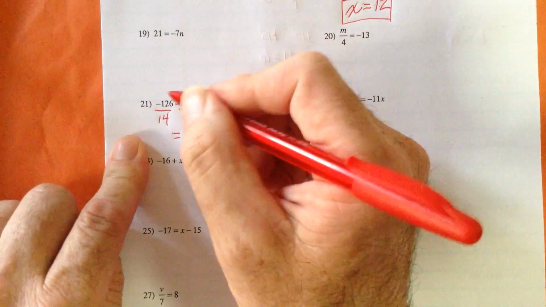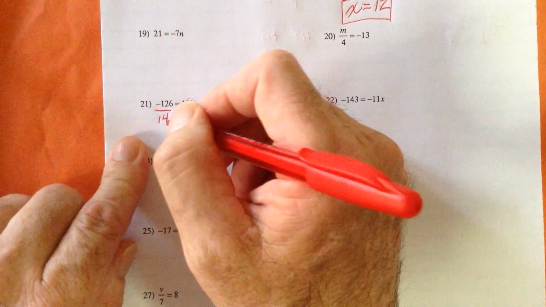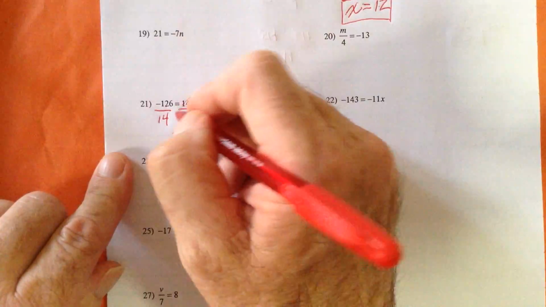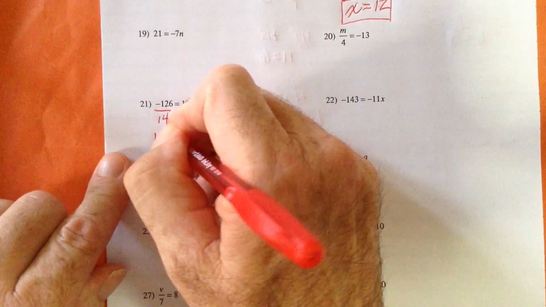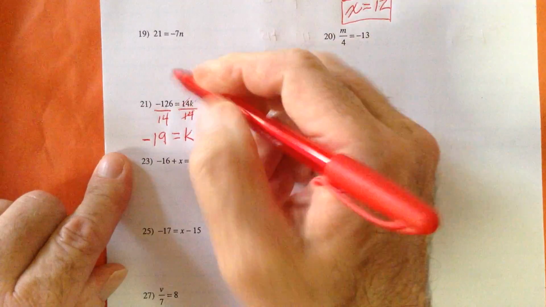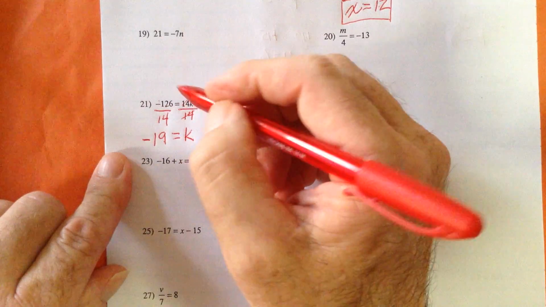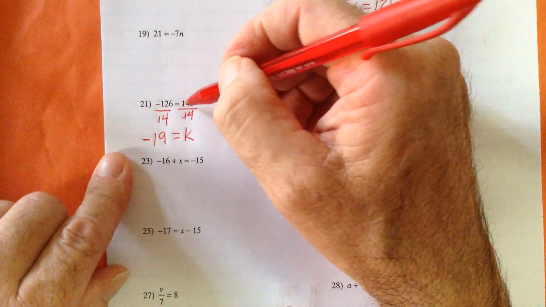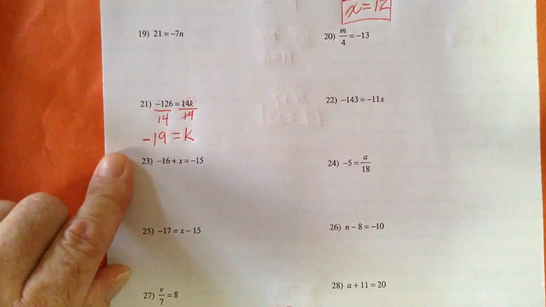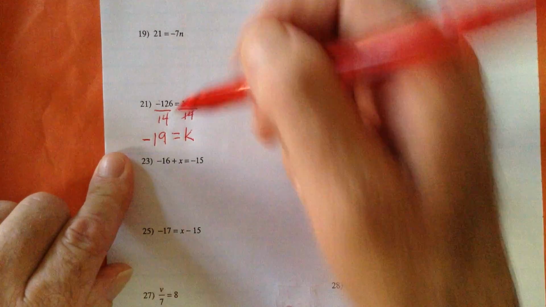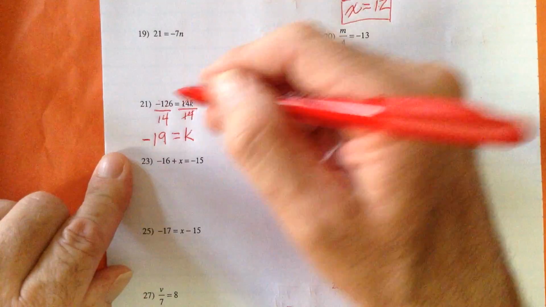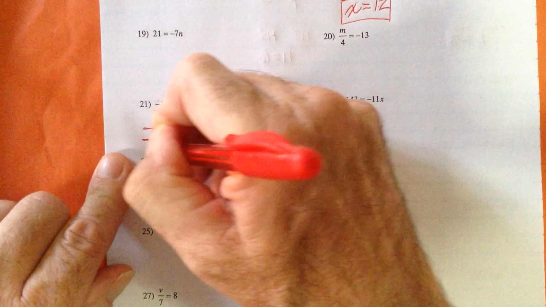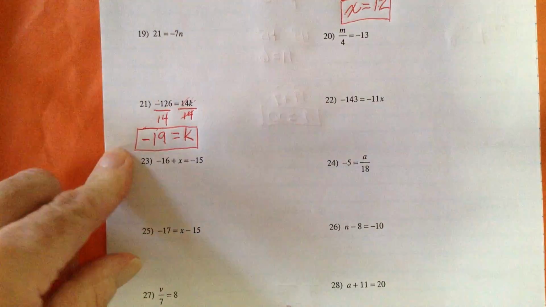So if I go negative 126 divided by a positive 14, that comes out to negative 9. So if I check, 14 times a negative 9, yep, it goes back to a negative 126. Okay, so that's how you do this one.